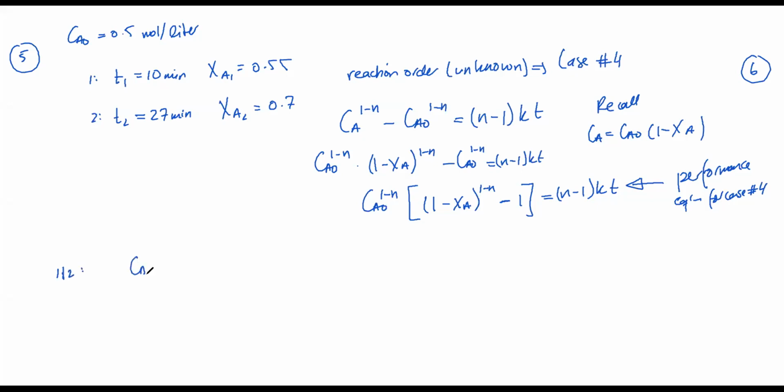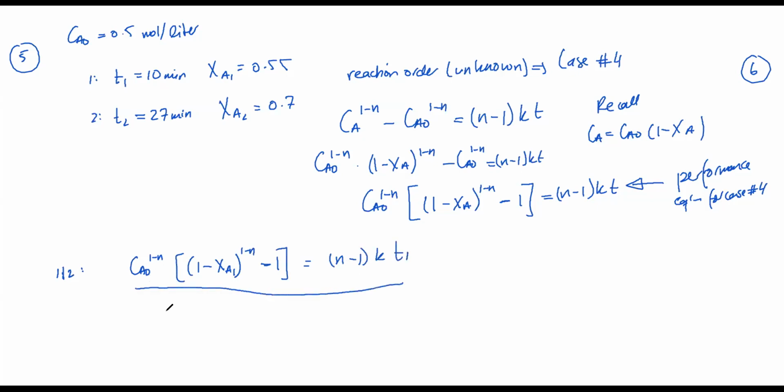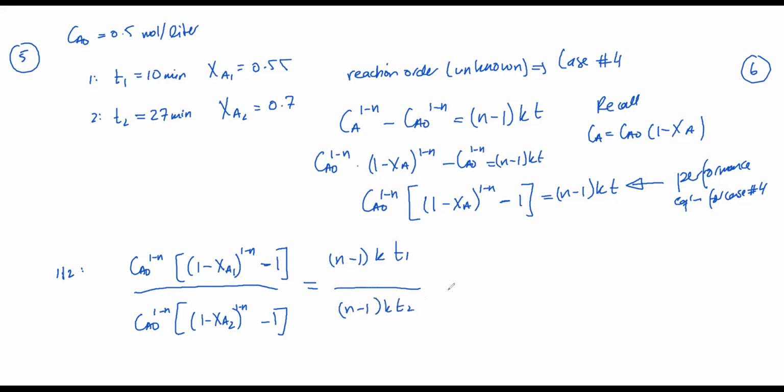In this case, I'm going to get Ca note to the 1 minus n times 1 minus Xa1 to the 1 minus n, minus 1, is equal to n minus 1 times kt1, all of this divided by Ca note to the 1 minus n times 1 minus Xa2 to the 1 minus n, minus 1, is equal to n minus 1 times kt2. I'm just dividing both equations.